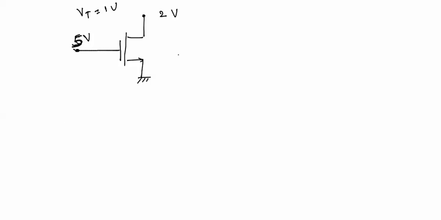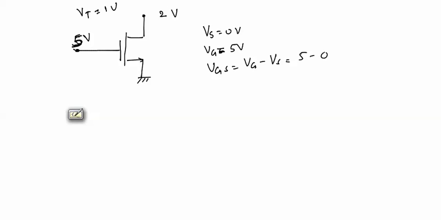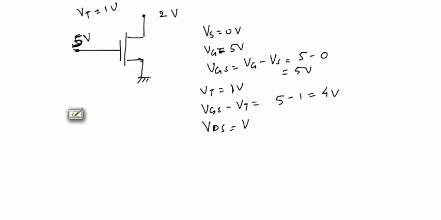We can see that Vs equal to 0 volt, Vg equal to 5 volt, so Vgs equal to Vg minus Vs will be equal to 5 minus 0 equal to 5 volt. Vt equal to 1 volt, so Vgs minus Vt will be equal to 5 minus 1 equal to 4 volt, and Vds equal to Vd minus Vs will be equal to 2 minus 0 equal to 2 volt.